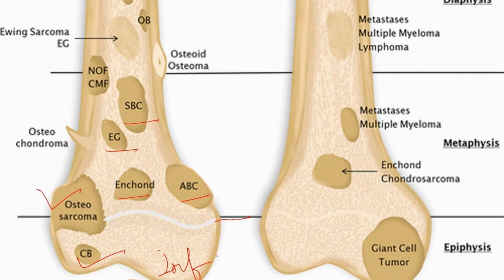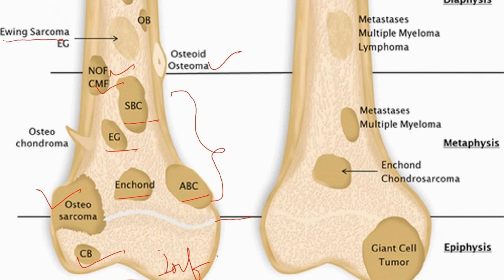The metadiaphyseal region shows non-ossifying fibroma, chondromyxoid fibroma and osteoid osteoma. The completely diaphyseal lesions are fibrous dysplasia and Ewing sarcoma.